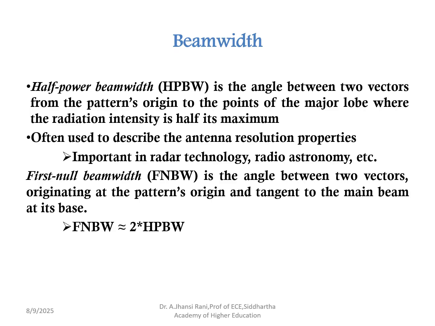First null beamwidth is the angle between two vectors originating at the pattern's origin and tangent to the main lobe, that is, between the first nulls of the major lobe. Generally, the first null beamwidth is equal to twice the half-power beamwidth.